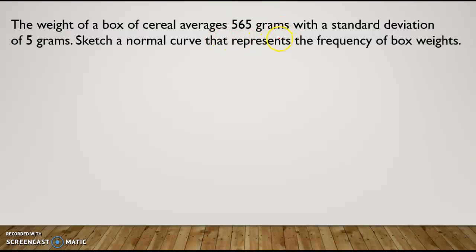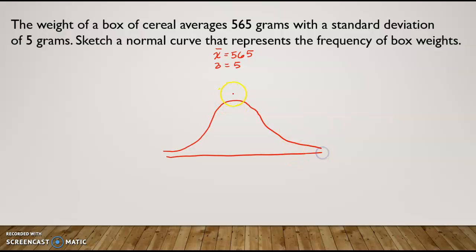Okay, so here is one that doesn't have it filled in for you. The weight of a box of cereal averages 565 grams with a standard deviation of 5 grams. So you have your normal curve with the middle high, and that is going to be the 565.